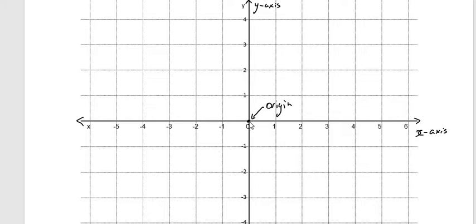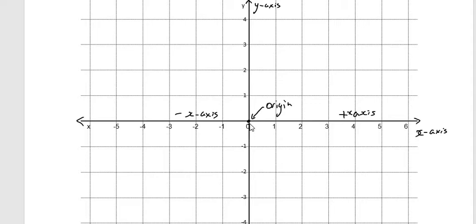However, to the right of the origin, we have the positive x-axis. And to the left, we have the negative x-axis. It's really one x-axis, but of course, to the left-hand side, we have the negative side of the x-axis and the positive side of the x-axis on the right of the origin.